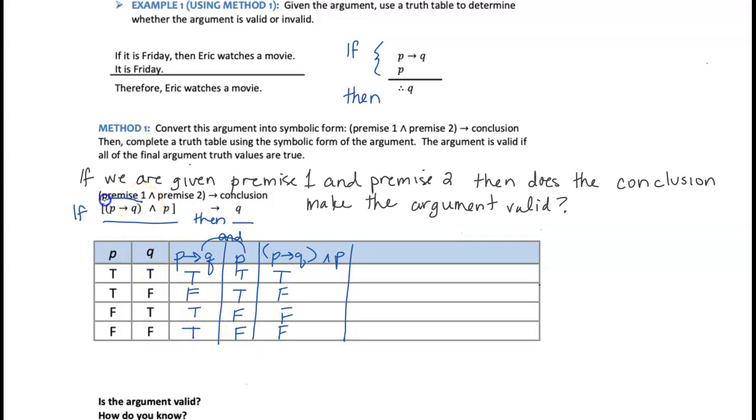Until now, we've been able to complete this entire bracket set, which is the antecedent of our whole argument. Now we're going to write statement Q. Repeating statement Q would alternate true, false, true, false.